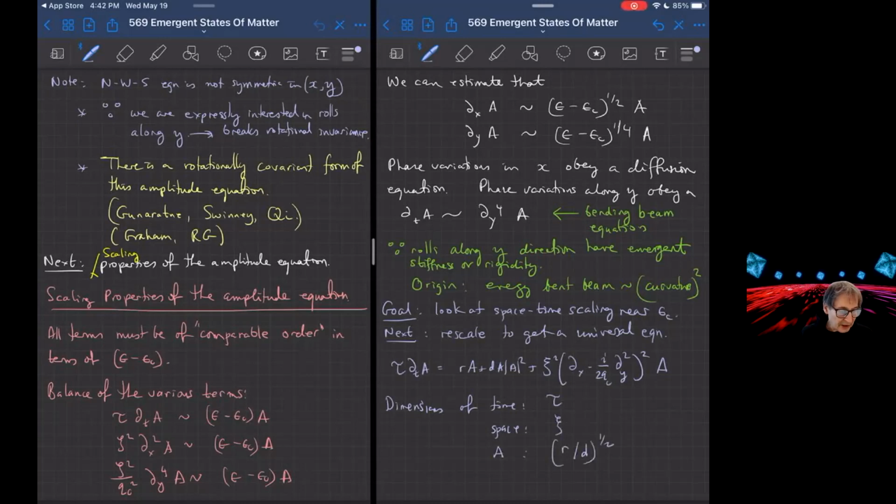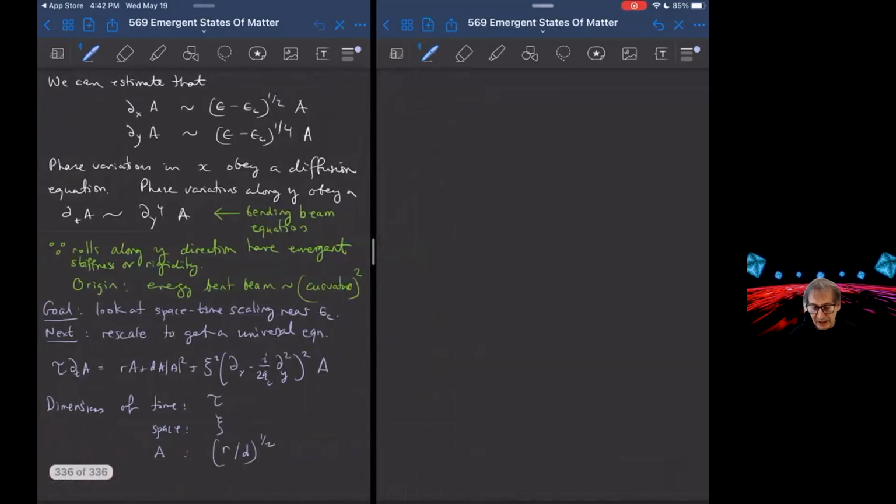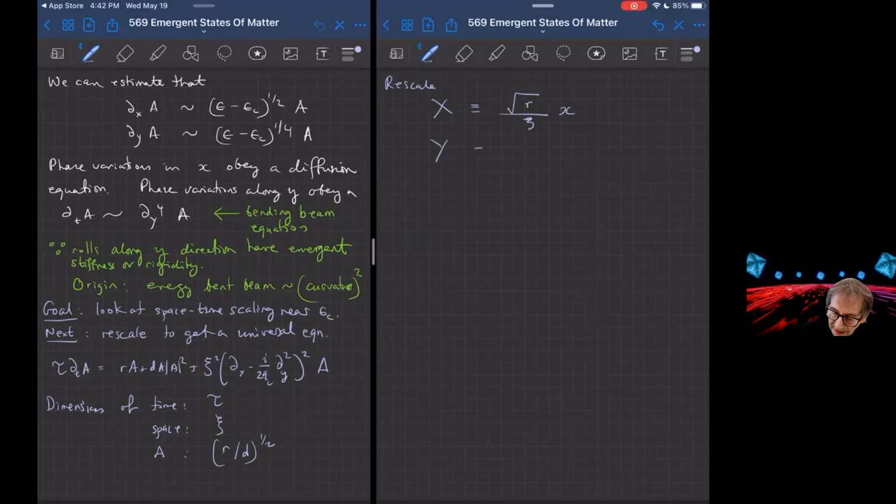So that means we can rescale in terms of these variables, and I'm going to rescale in the following way. Capital X is defined as the square root of r over xi times x. Capital Y is defined as r to the 1/4 over xi over qc to the 1/2 times y.